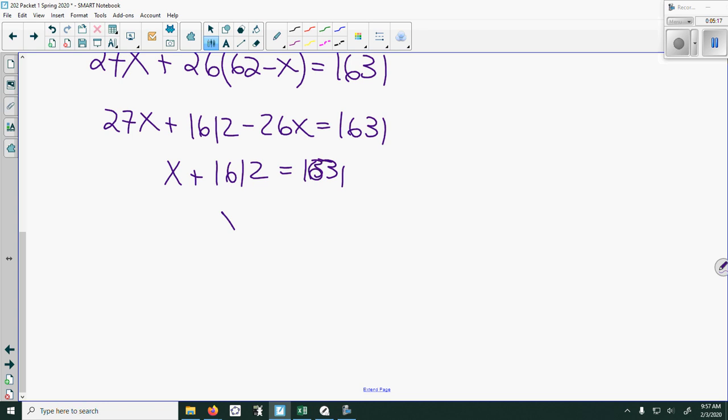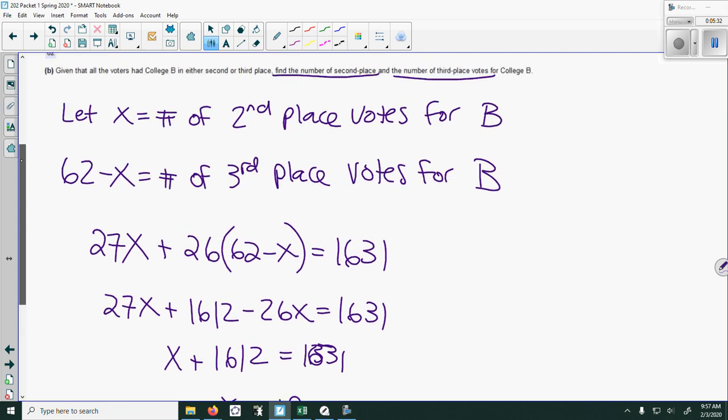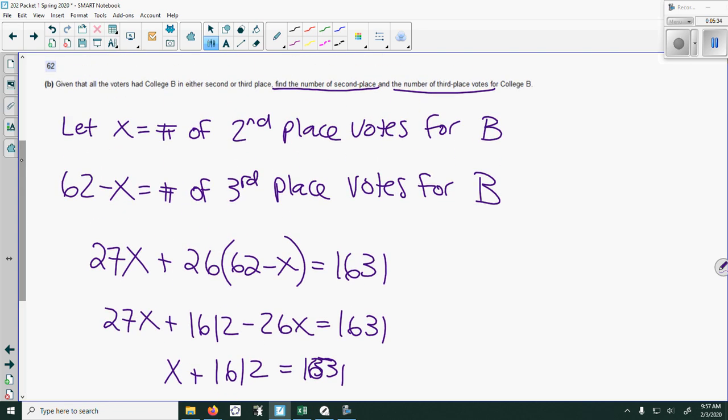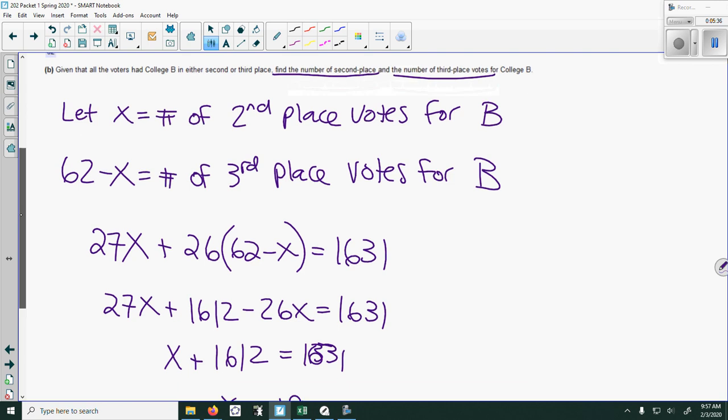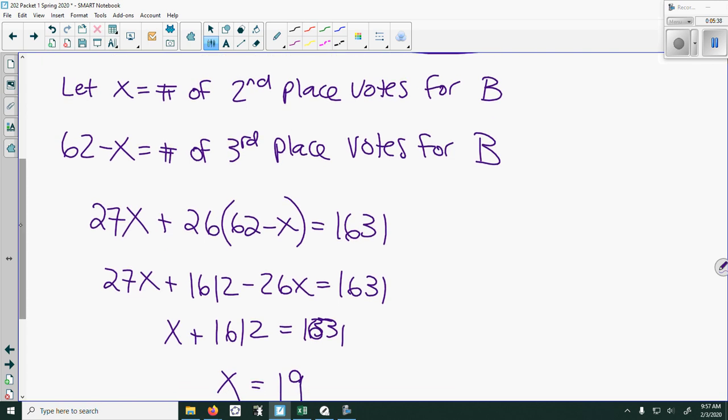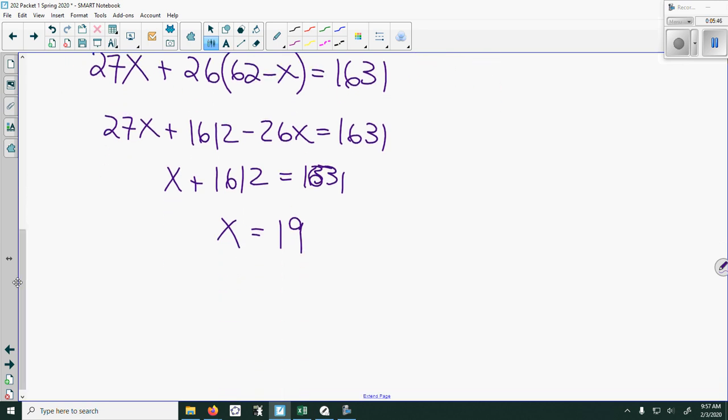Subtract 1,612 from both sides, and you get 19. So 19 voters is X, and we'll remind ourselves what that represented: the number of second place votes for College B. And 62 minus 19 is 43. So 43 of the voters put College B in third place.